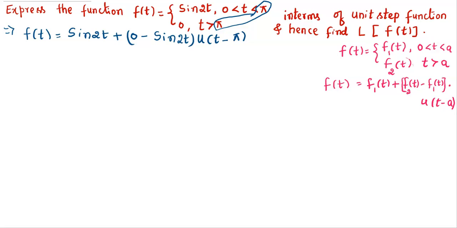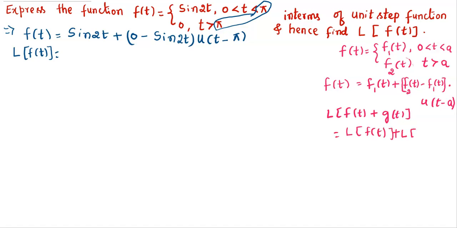So now let me apply the Laplace transform to this function, that is L of f of t is equal to the Laplace transform of the addition of two functions, which is the Laplace transform of f of t plus the Laplace transform of g of t. This is called the linear property.